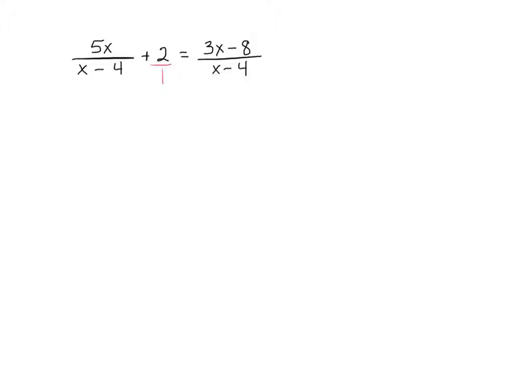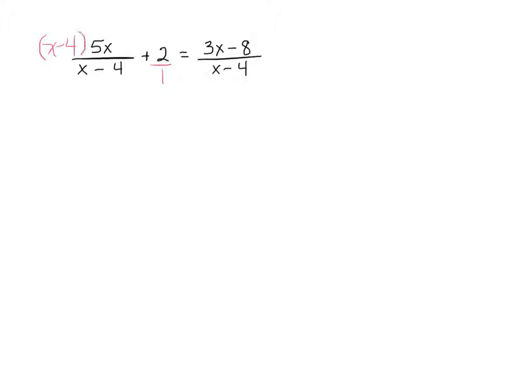That 2 is actually over 1. So what's the common denominator? Just x minus 4. Looks like most of you were able to get this one. What you're going to do is multiply each term by x minus 4.